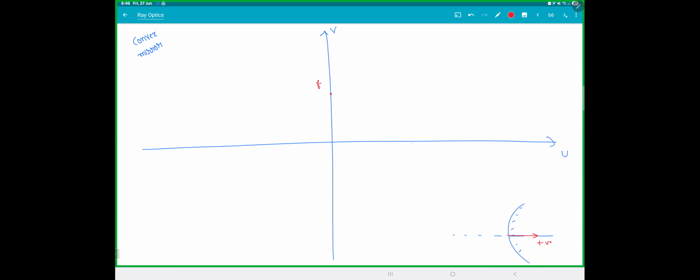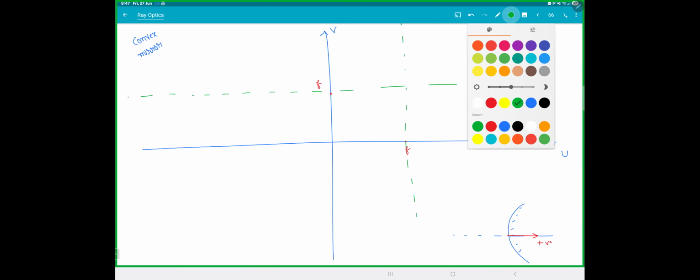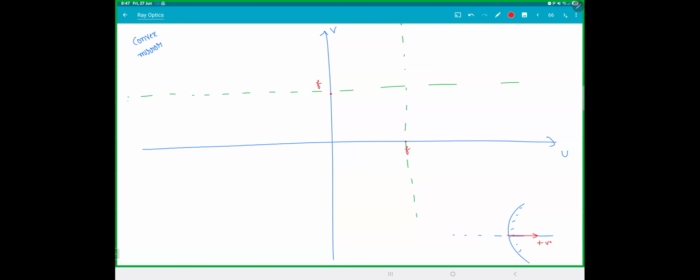So this is f. When u is minus infinity, this thing will get closer to this thing. As you get closer to the pole, this will be like this. There, this is how the graph looks.